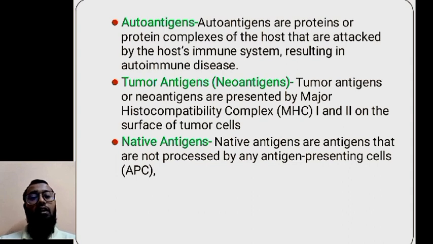Today we saw the different types of antigens. We saw antigens on the basis of their origin, exogenous and endogenous. Second, on the basis of immune response, complete and incomplete. And don't forget these three: autoantigen, tumor antigen, and third, the native antigen.